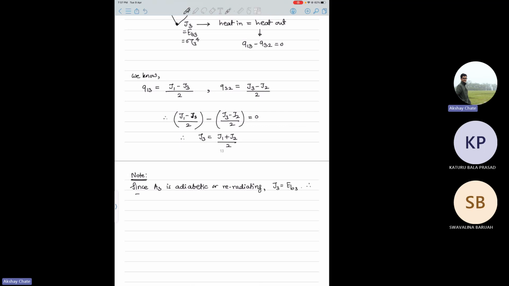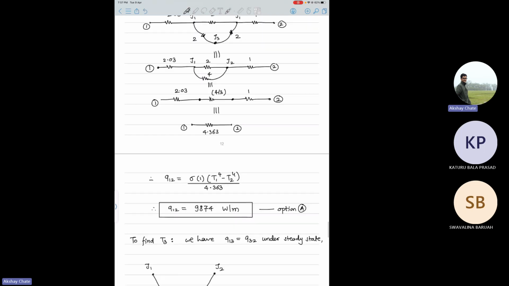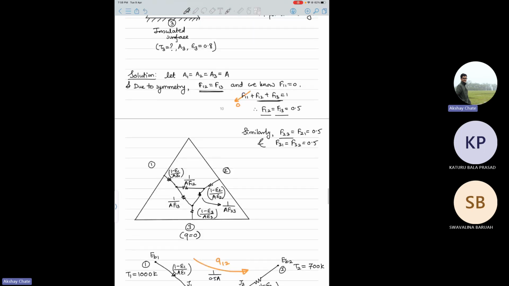Therefore, the value of epsilon 3, which is the emissivity of the third surface, is of no influence on T3. This is the case. Actually, they have given you this epsilon 3 to confuse you.